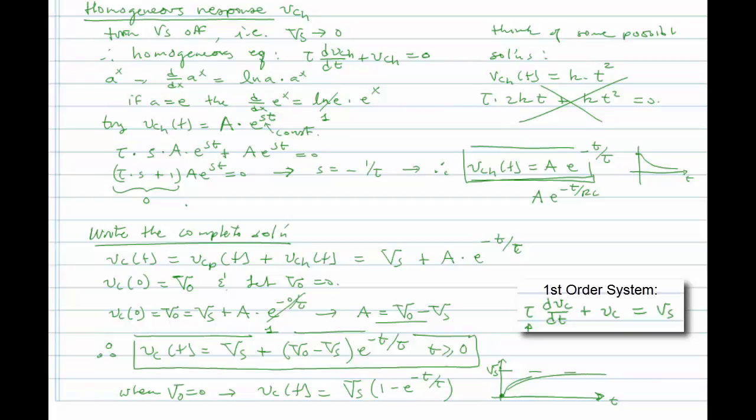The reason is that when you plug in the homogeneous solution, the left side of the differential equation, tau times dVc dt plus Vc, all of that evaluates to 0. So it doesn't disturb the equality that was achieved when you plugged in just the particular solution. That's why we can have a complete solution that is the sum of the particular and the homogeneous, and that still satisfies the full differential equation with Vs being there.